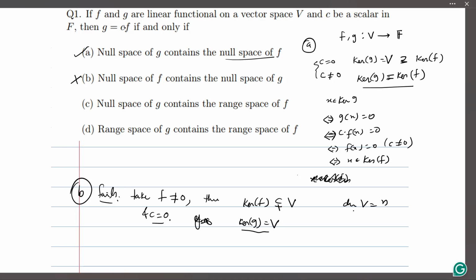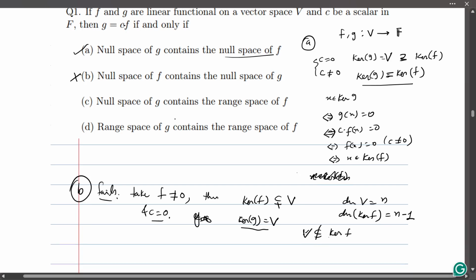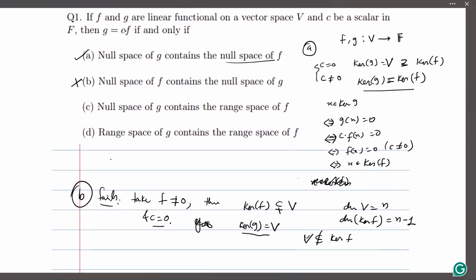Dimension of V is, let's say, n. Then dimension of the null space of f will be n minus 1, right? So V cannot be contained in the kernel, otherwise they would be equal. If they are subsets of each other, then they will be equal, so dimensions cannot be different. They will be the same. So B fails.